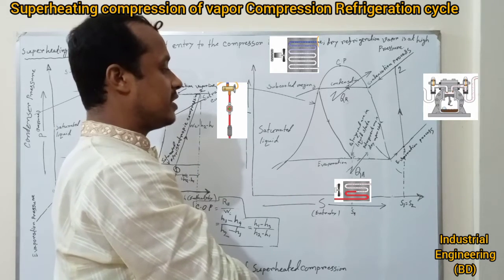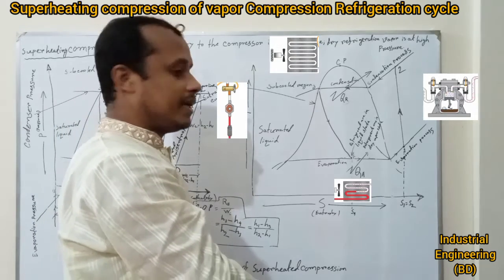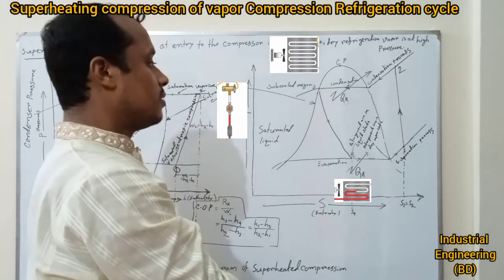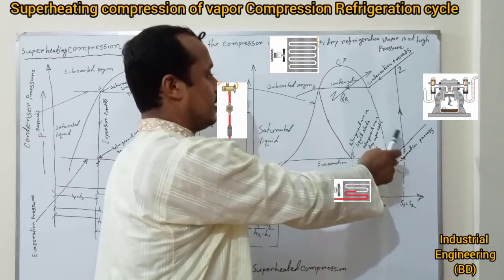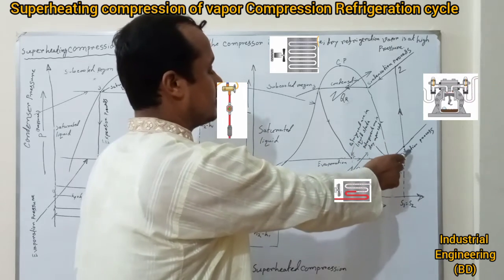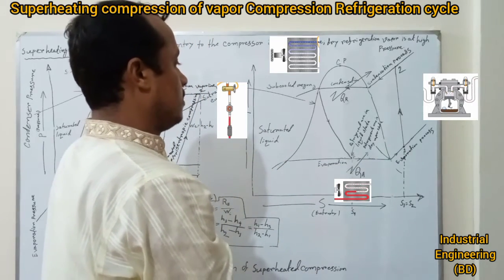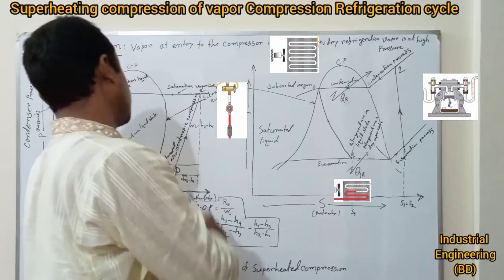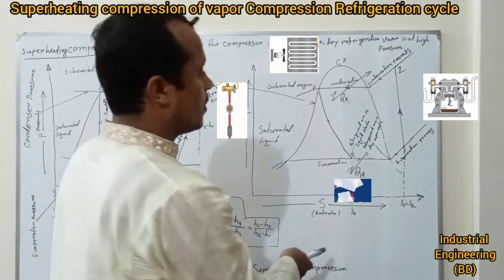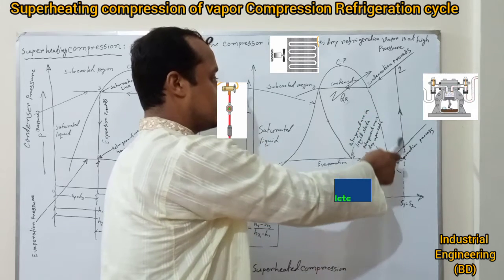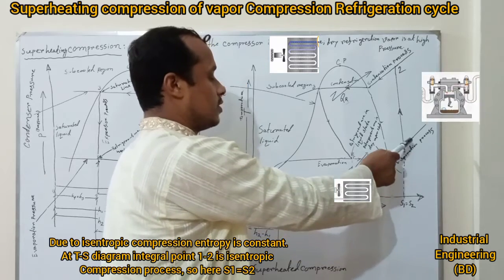Since the refrigerant entering the compressor is in superheated condition, point number 1 is over here, because this portion is the superheated portion. Since the compression process is isentropic, the entropy should be constant, so S1 equals S2.